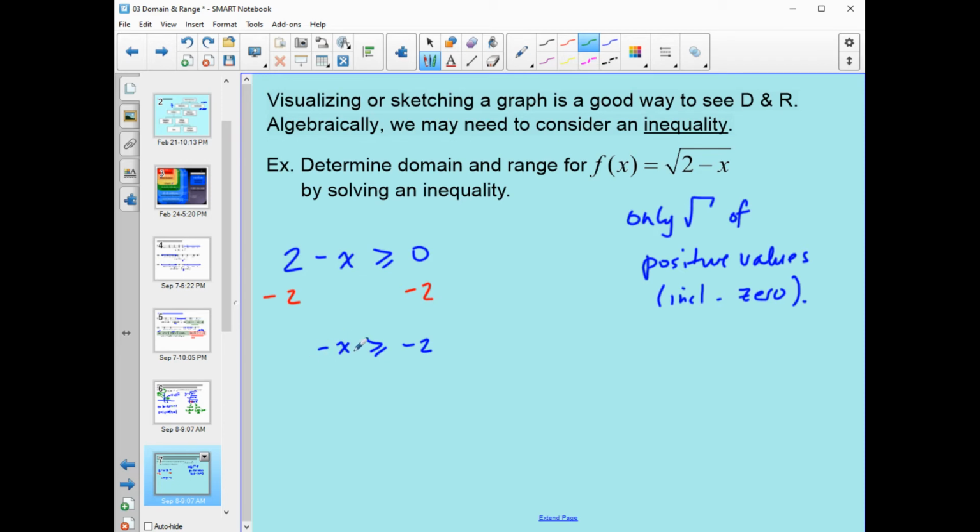In order to get x all by itself, I'm going to divide both sides by negative 1. And when you have an inequality, whenever I multiply or divide by a negative, we reverse the inequality.